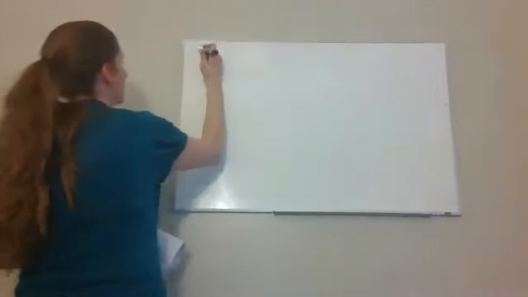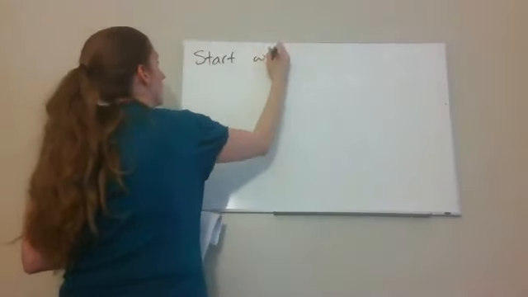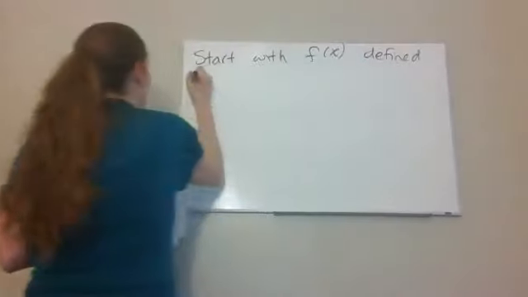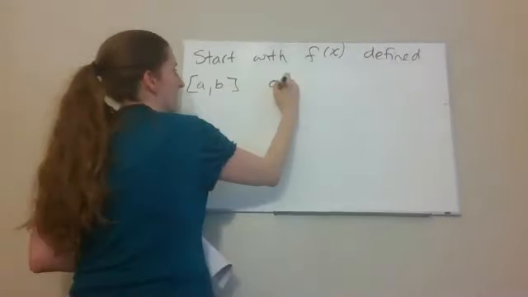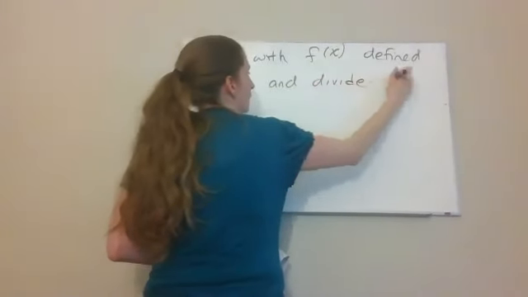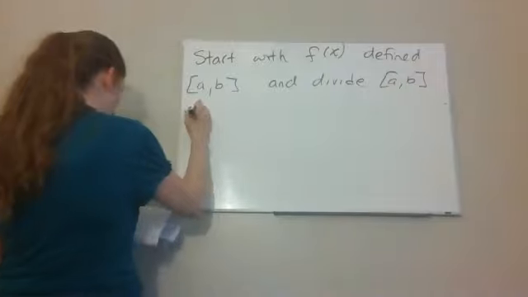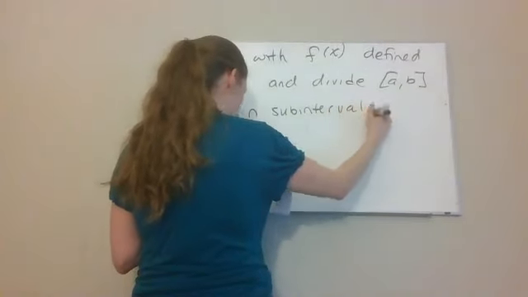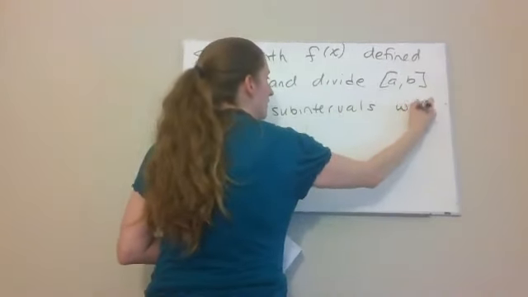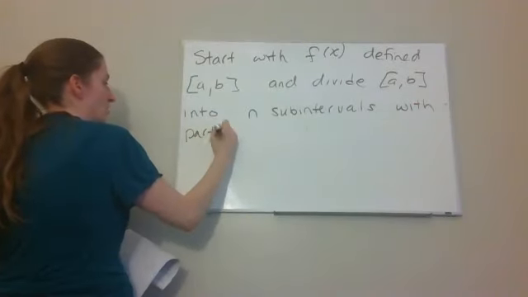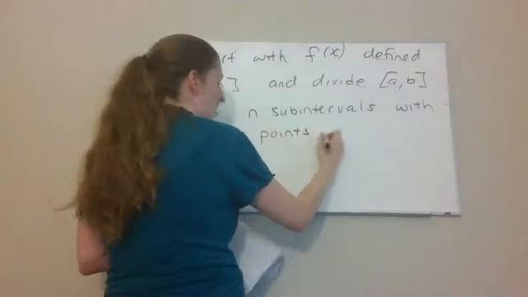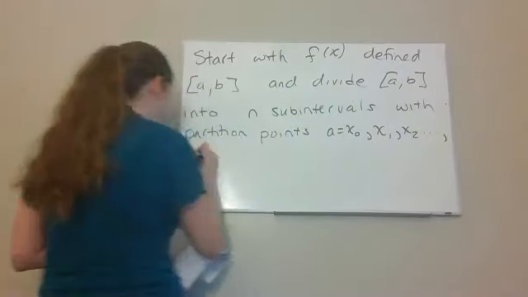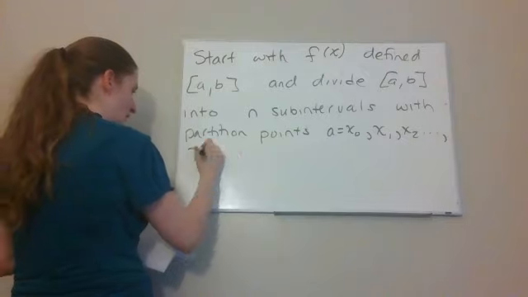So, start with a function f of x defined on the interval [a, b], and divide the interval [a, b] into n subintervals with partition points a equals x0, and then I have x1, x2, all the way through xn, which is equal to b.